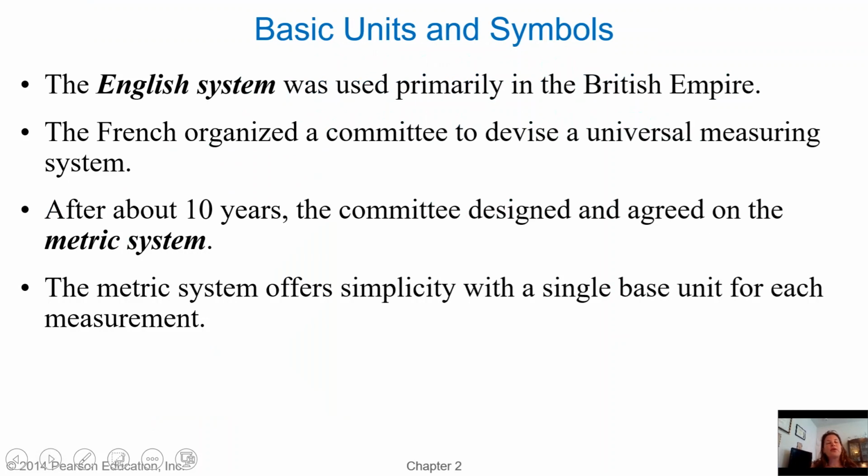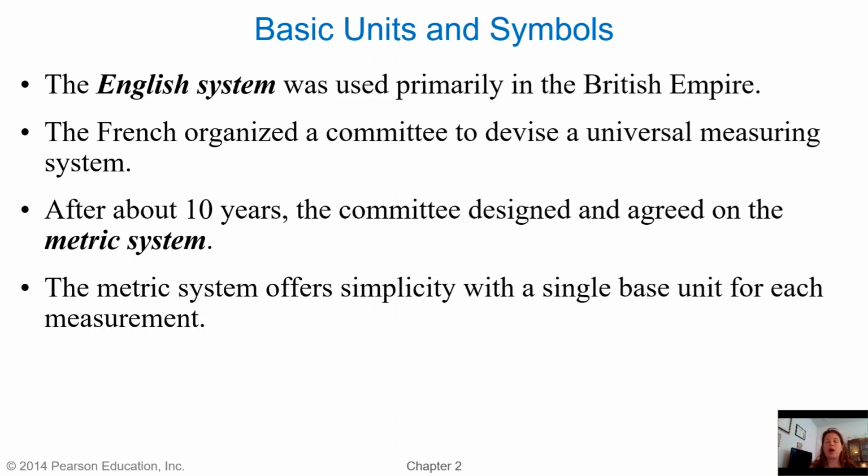So what you guys are used to using is the English system. The English system, as you know, is things like feet, inches, pounds, miles, etc. We're the only country in the entire world that still uses that English system. Now, the metric system came about by the French, and it was meant to be a universal system.